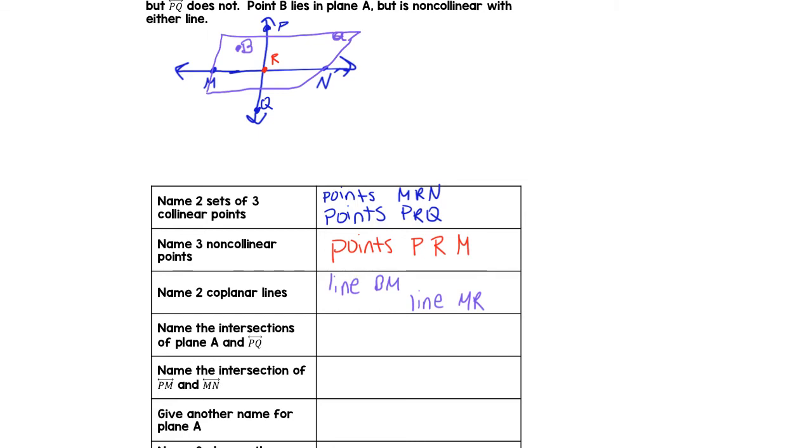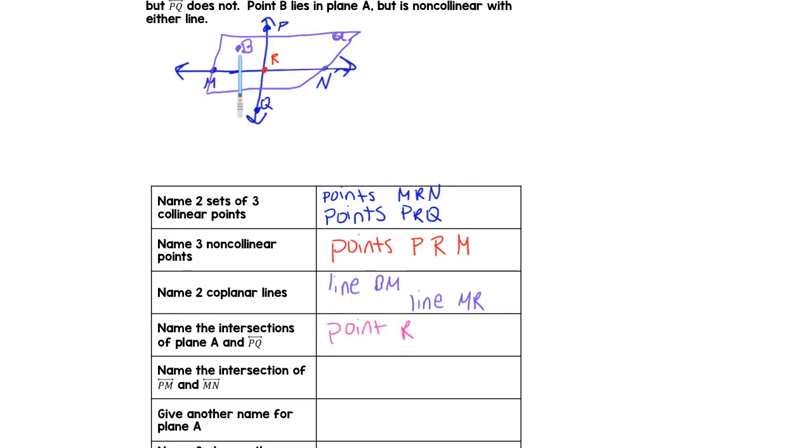Name the intersection of plane A and PQ. Well, like I said, if plane A, you can imagine, is a piece of paper, and PQ is a pencil standing straight up out of that piece of paper, those intersect at that one point, point R. Name the intersection of line PM and line MN.